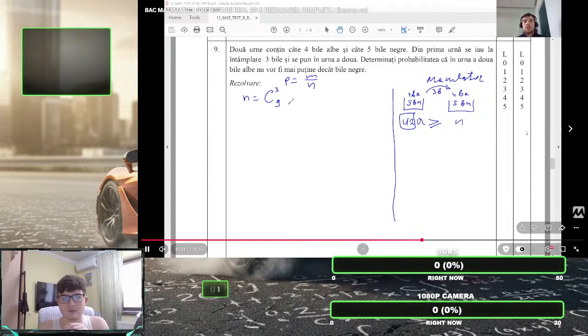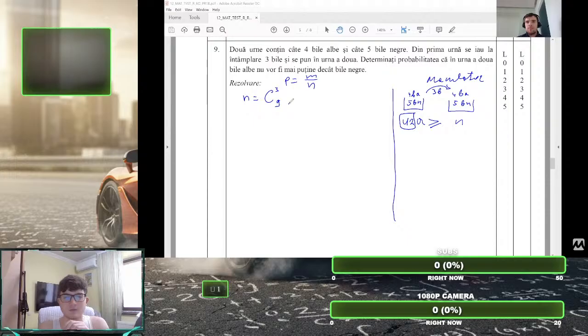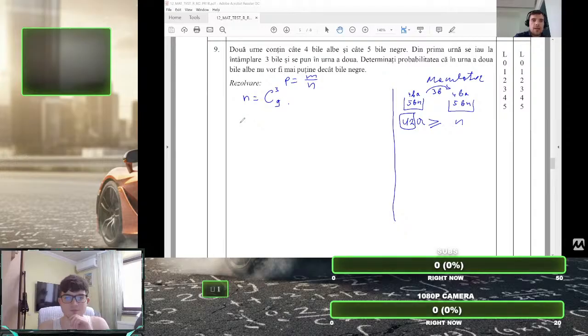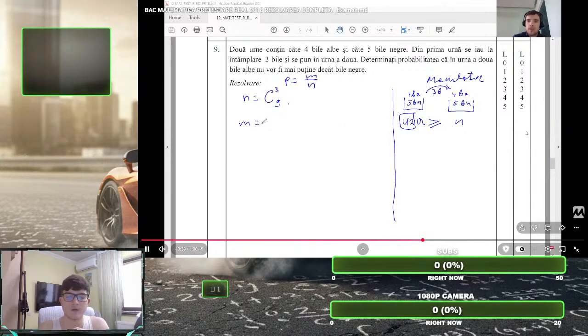C 9 3, because in total there are 9 balls and 3 are moved. That's kind of a stupid logic, whatever. These are the possibilities.